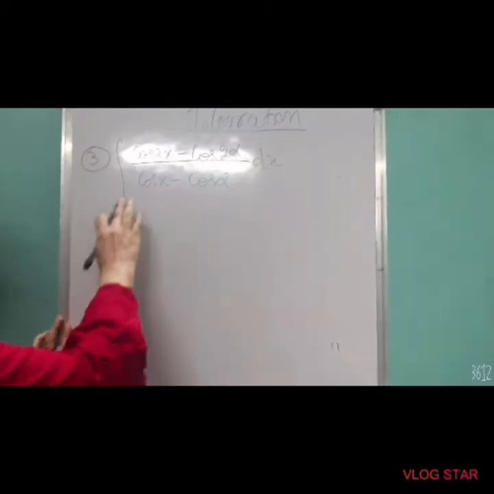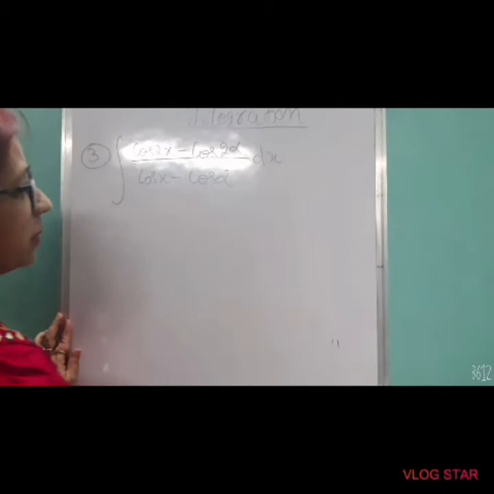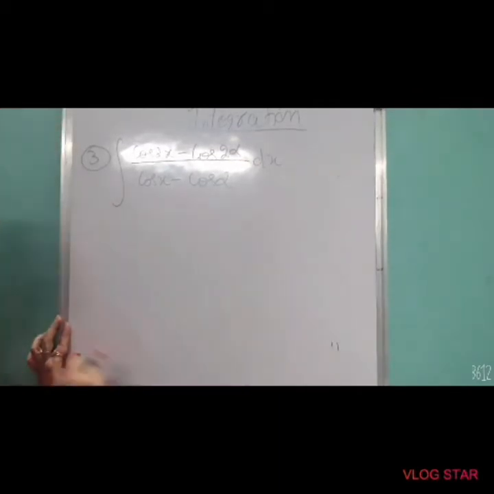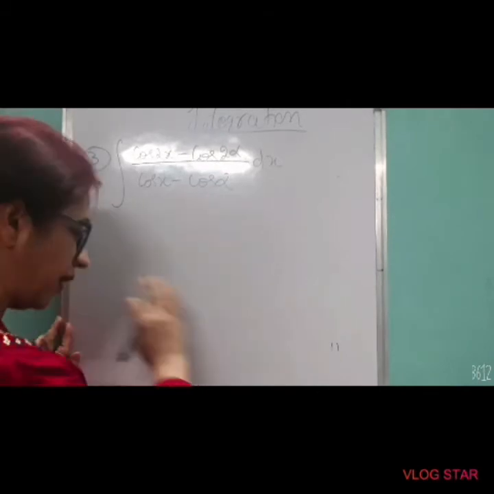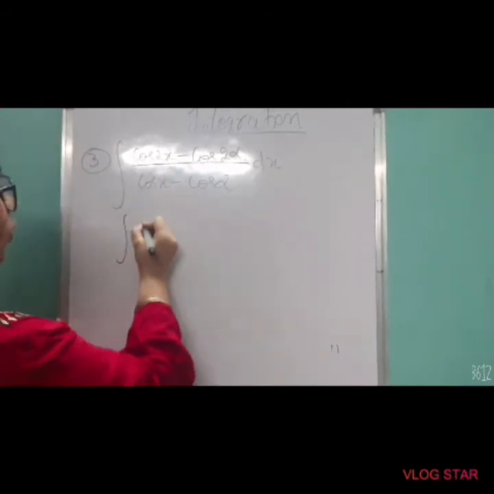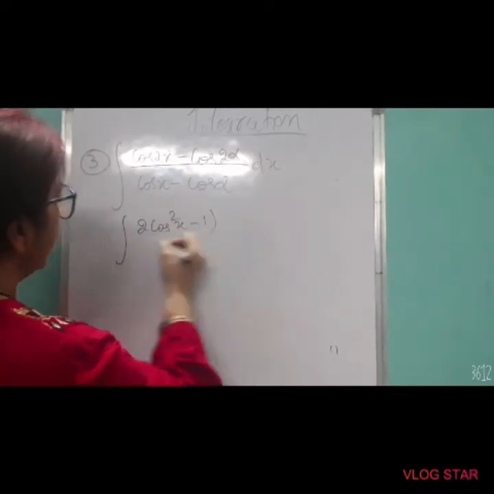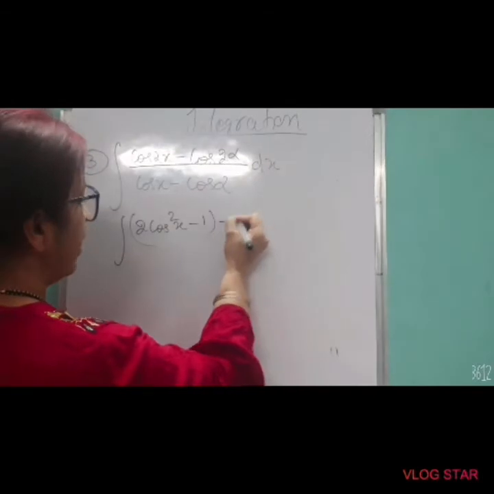Now the third question is cos 2x minus cos 2 alpha by cos x minus cos alpha into dx. If you know the trigonometric formulas, this integration is very easy. Like, I know that cos 2x is equal to 2 cos square x minus 1, and similarly cos 2 alpha.